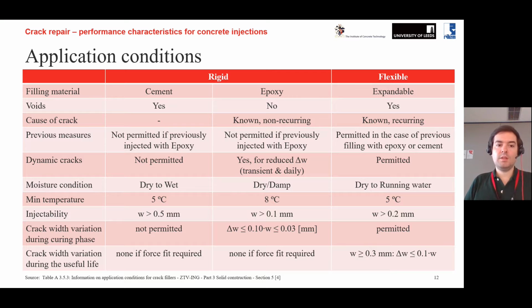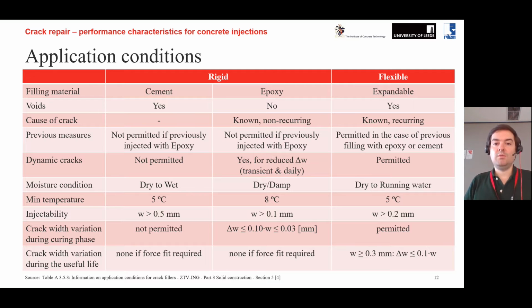This is where things also get a little bit interesting. Sometimes we are called to advise on situations where cracks have already been injected, and because they have been injected, we have limited mitigation or correction measures. Because if we are in a situation where the main objective is to ensure the watertightness of the structure, and that crack was already injected with epoxy materials, we can use flexible polyurethanes.